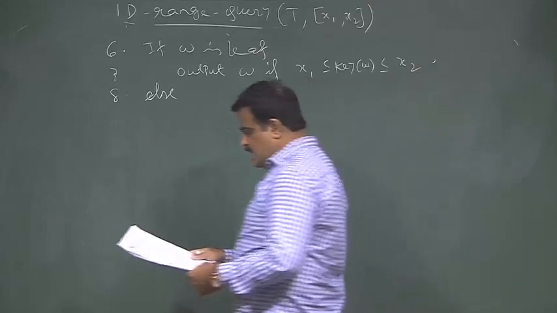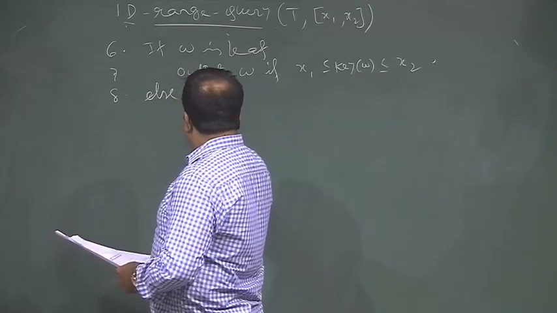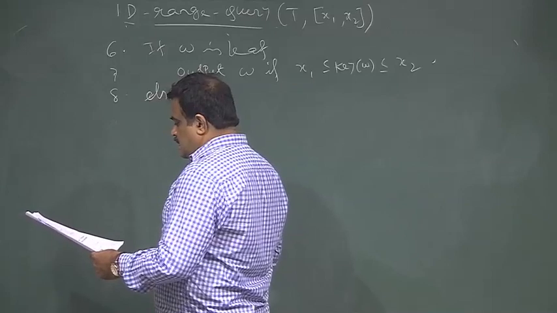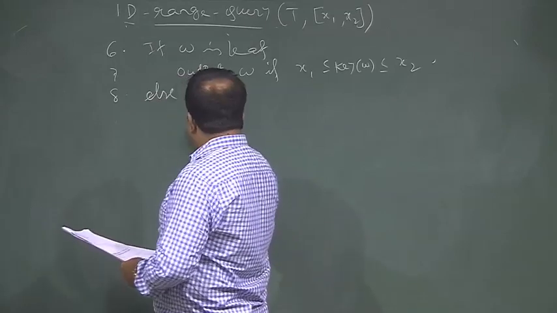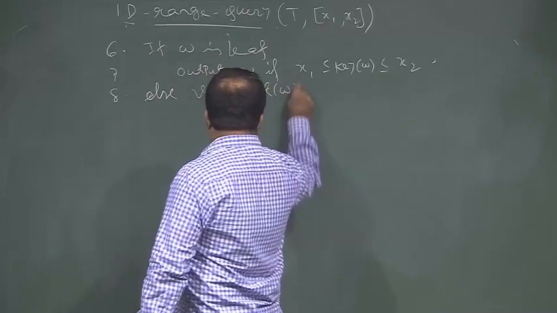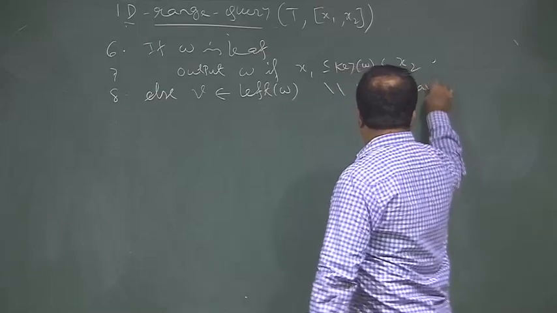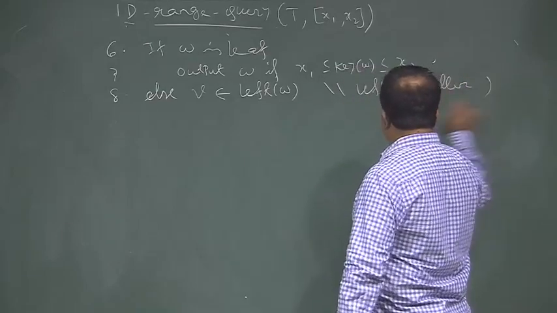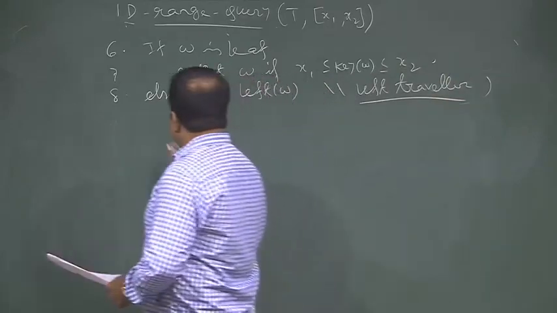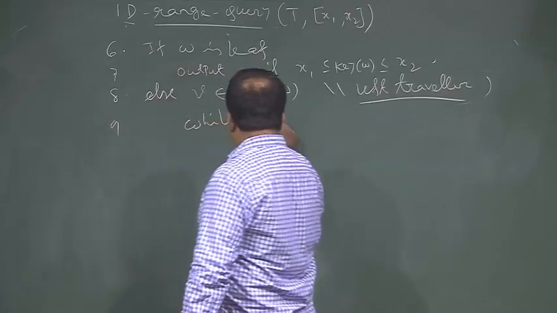Then v is basically left of w. This is the left traversal. Similarly, we have to do the right traversal also, but we will not show this. Okay. Then we continue while w is not a leaf.